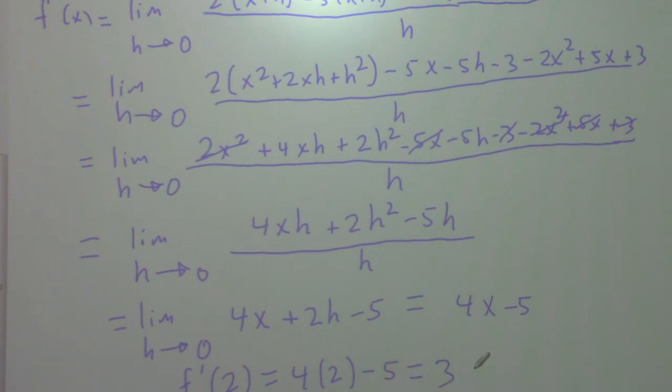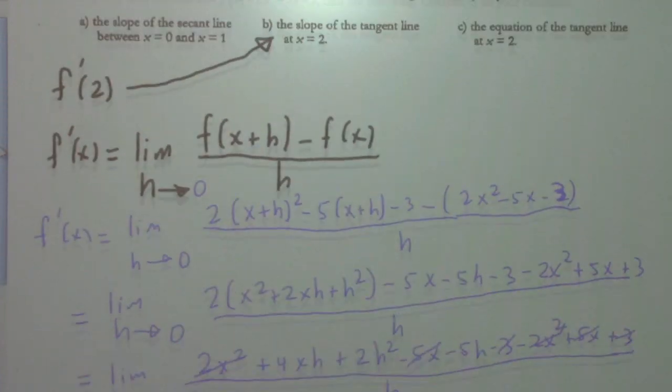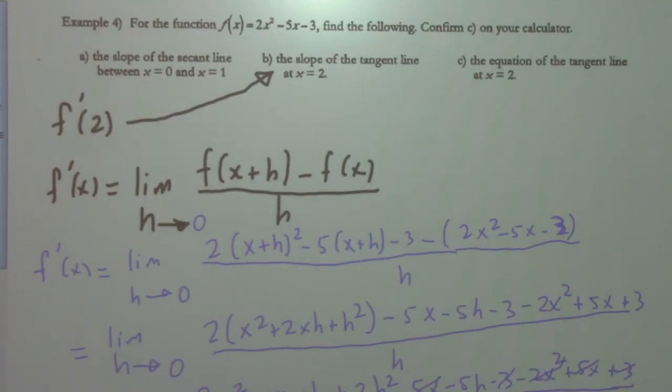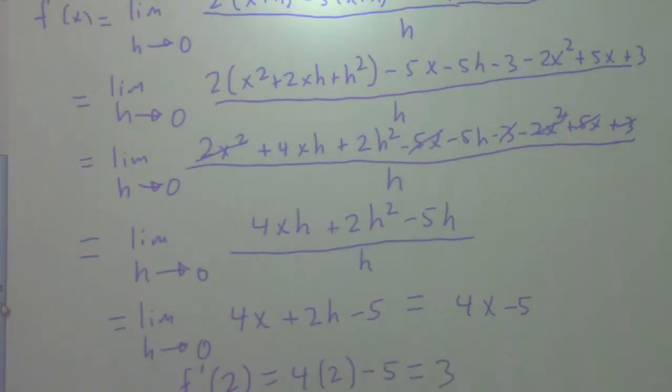Okay, and we're going back to the context of the original problem here, the equation of the tangent line. So what I like to do is call this m sub t. That's just a habit I have, and I don't see too many others do this.